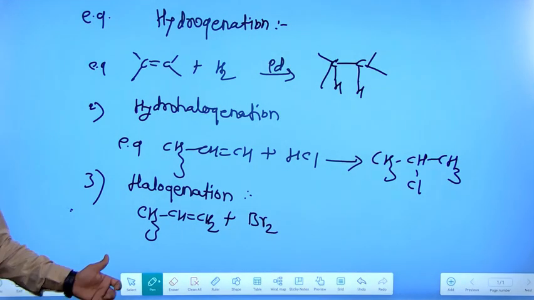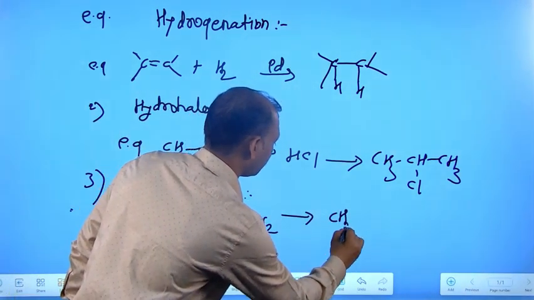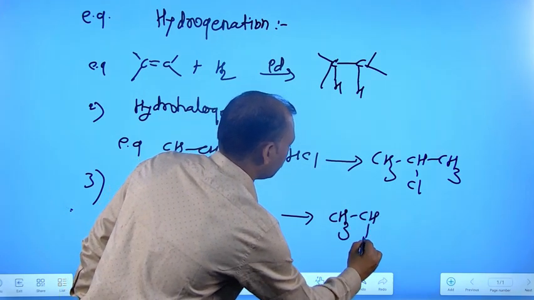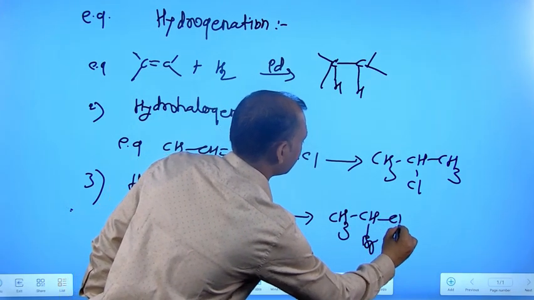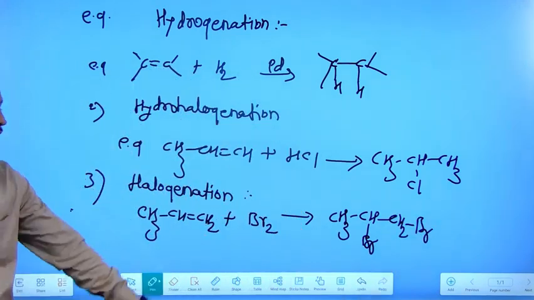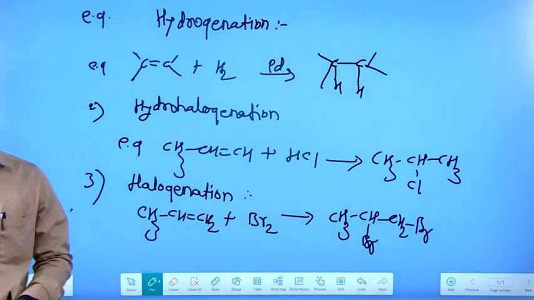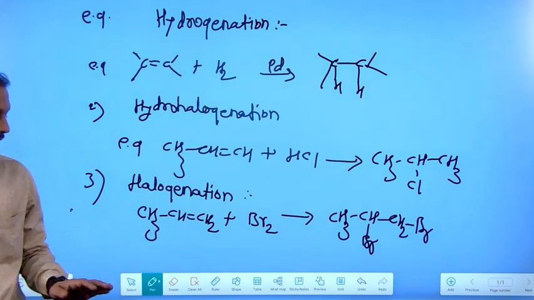So the bromine atoms are added across the carbon-carbon double bond, and we get CH3 CHBr CH2Br. Both halogen atoms are added across the carbon-carbon double bond. Therefore, such reactions are called halogenation reactions.